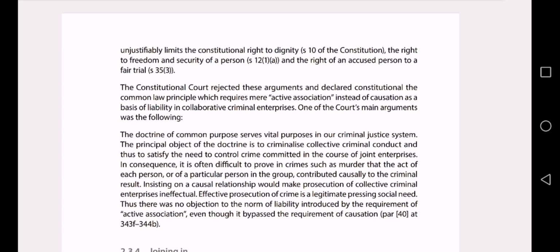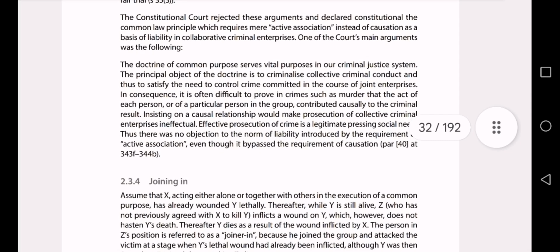One of the court's main arguments was the following: the principal object of the doctrine of common purpose in our criminal justice system is to criminalize collective criminal conduct and thus to satisfy the need to control crime committed in the course of joint enterprises.